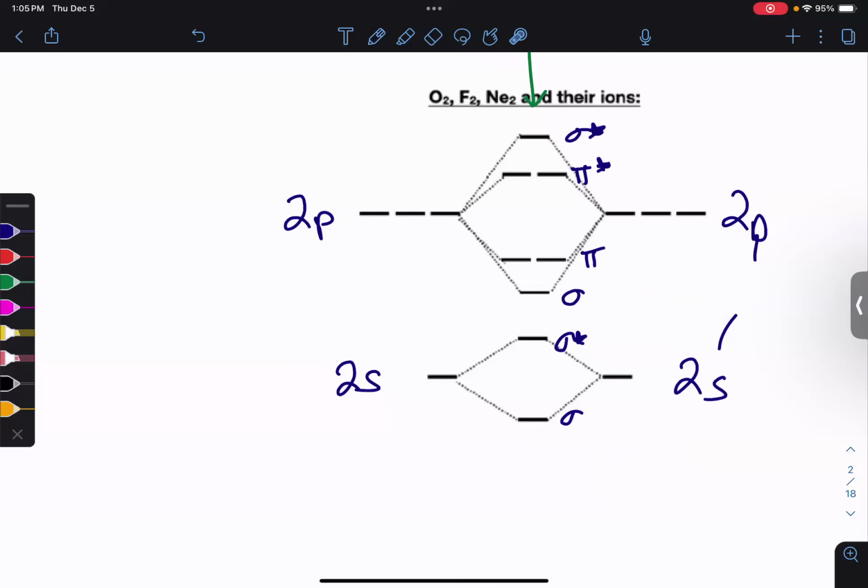The points that I emphasize are that the anti-bonding orbitals are always higher in energy. See how these lines split? The ones that go higher in energy are always anti-bonding. The ones that are lower in energy are always bonding. If you have a single line, like a single box where we can place electrons, those are going to be our sigmas. Our pi interactions always come in pairs.